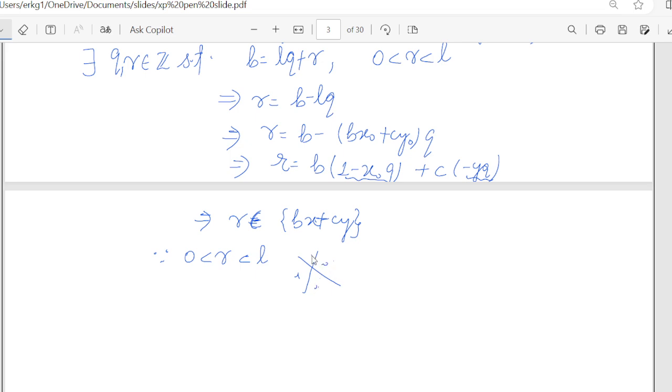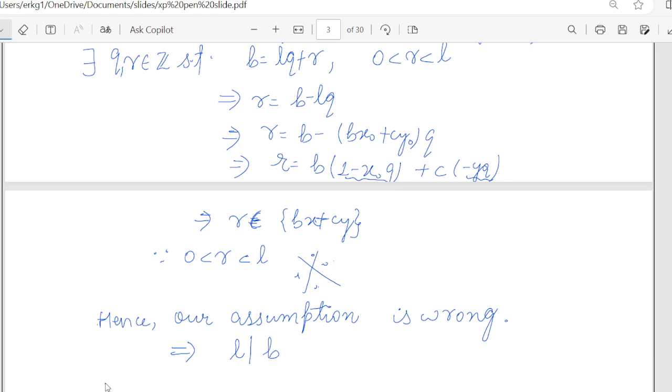Hence our assumption, our supposition, is wrong. This implies L divides B. Similarly, we can show L divides C.